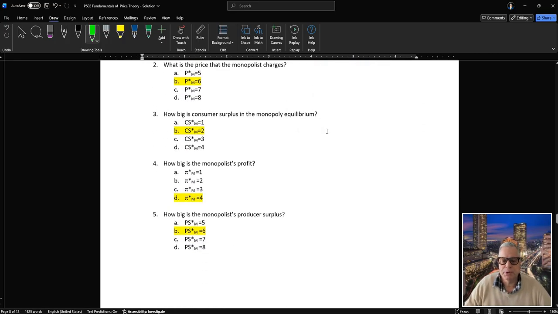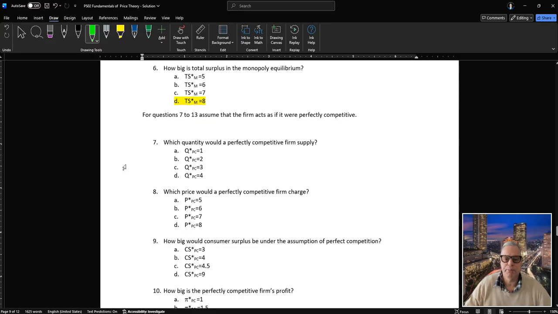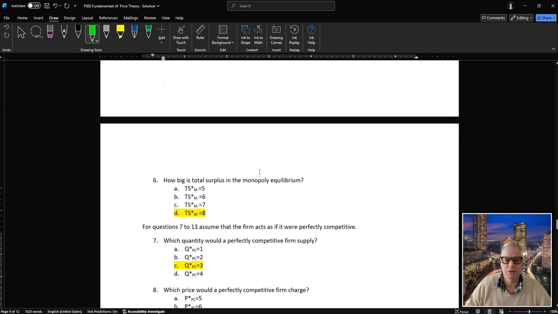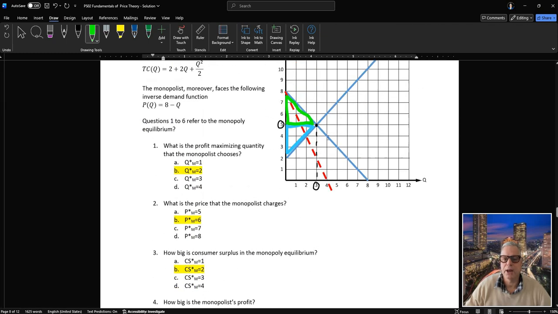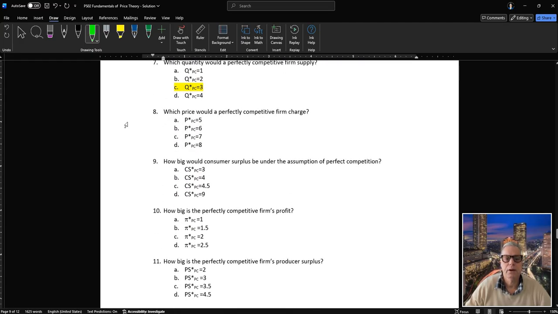So total surplus would be 9. So the perfectly competitive firm would supply 3, so there is more quantity turned over in the market under perfect competition. And the price would be lower. Instead of 6 for the monopoly, it would be only 5. Consumer surplus, we said, is 4.5.